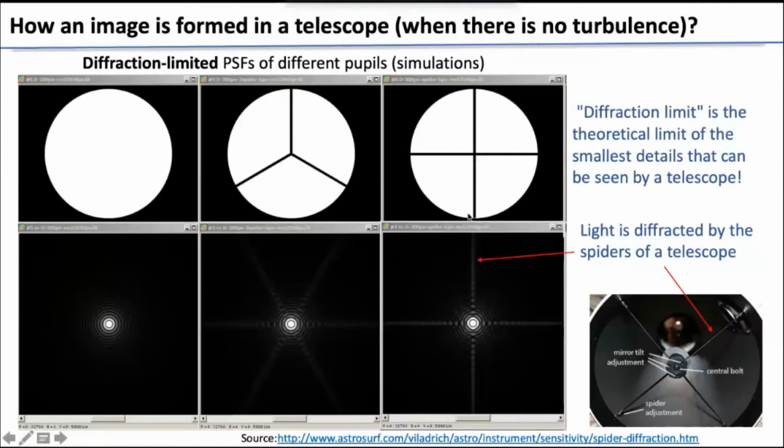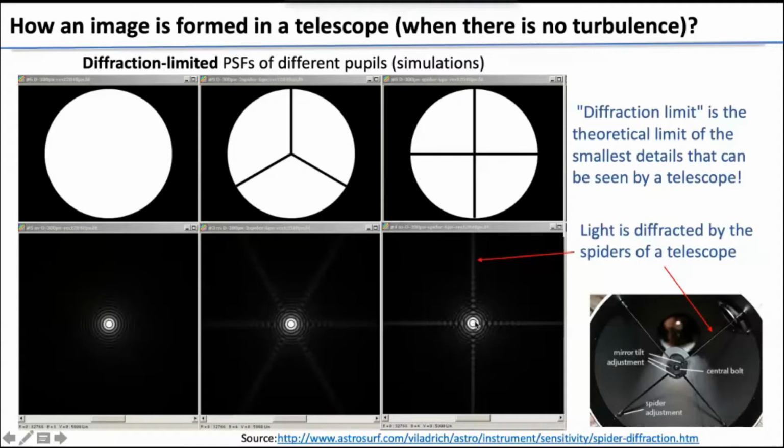If you change the location or the orientation of the spider arms, you will see the diffraction pattern move as well. What I'm trying to say is that if your telescope pupil looks like this, this should be the theoretical image of the star that you should get. This image is called the diffraction limited PSF. This is the theoretical image that you must get if you observe a star.